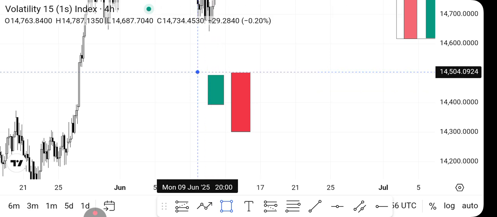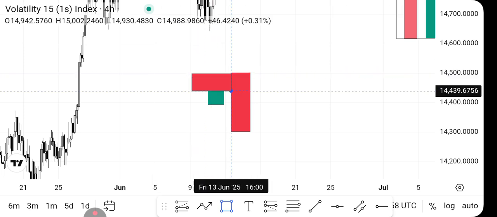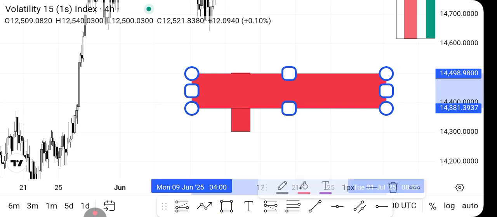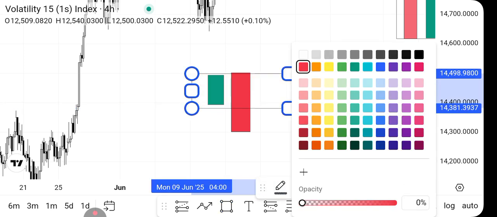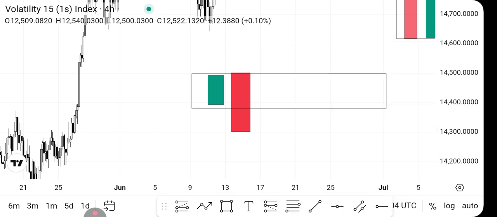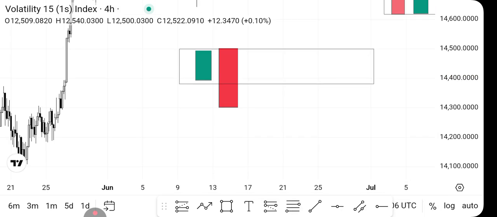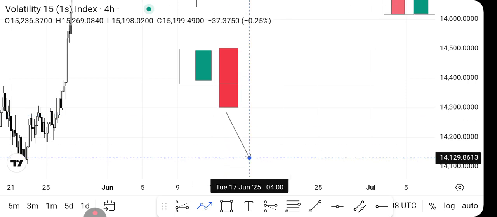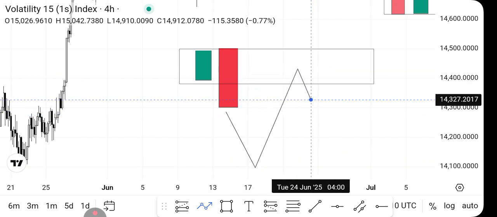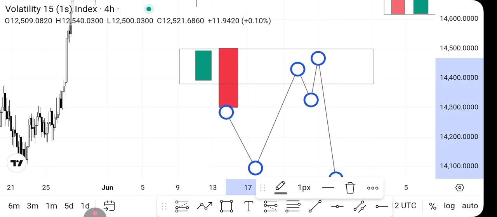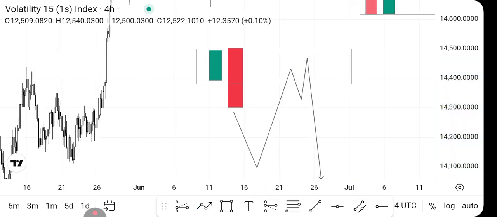When picking this, you pick it from the green candle. You understand? Pick it from the green candle. Wait for price to come into it, and you sell. Basically.